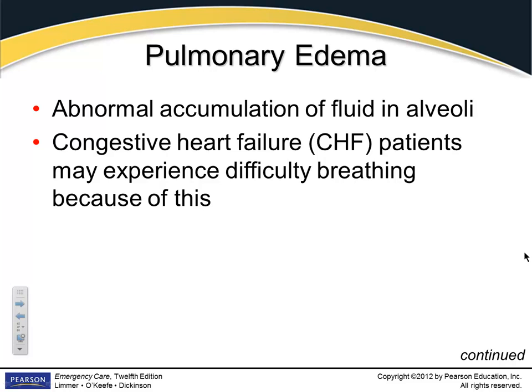The left side of the heart backs up to the lungs. So you may have left-sided heart failure, which is what most people generally have. That's congestive heart failure, meaning that ventricle is not pumping well. So the blood backs up into the heart, backs up into the lungs, where it separates and causes pulmonary edema.